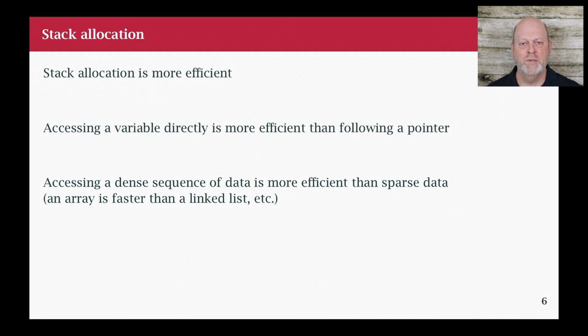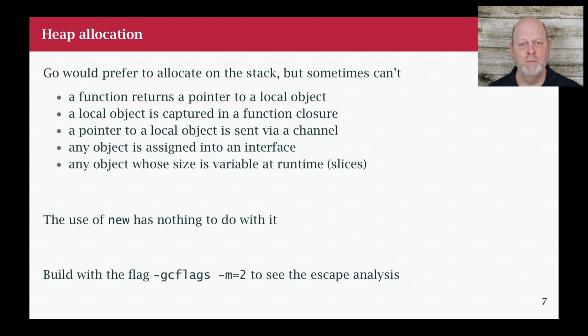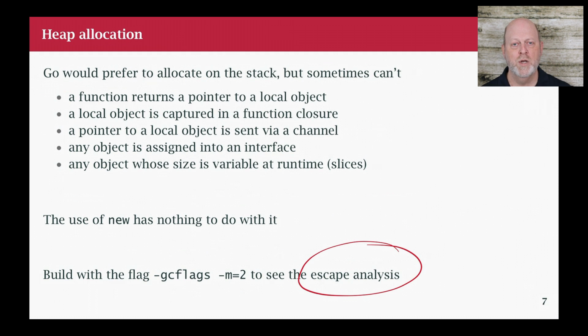So we've already seen in the scope versus lifetime stuff that sometimes things have to go on the heap. All right? And Go is doing something called escape analysis. I may have mentioned this before, to try to figure out which things have to be on the heap instead of the stack. It wants to put things on the stack, but it can't always.